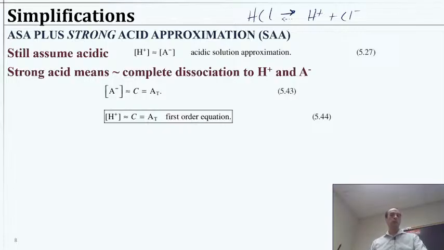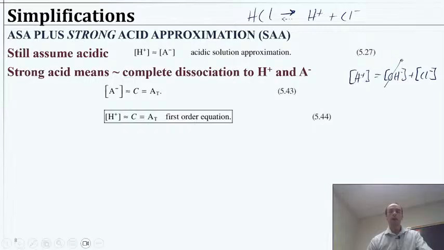If we look at our electroneutrality equation, which should have been H plus equals OH minus plus Cl minus, the OH minus, like we said for the acidic solution approximation, that's from the acidic solution approximation.